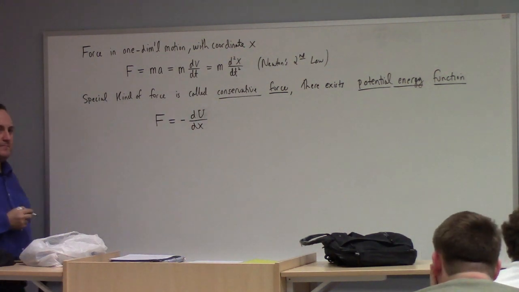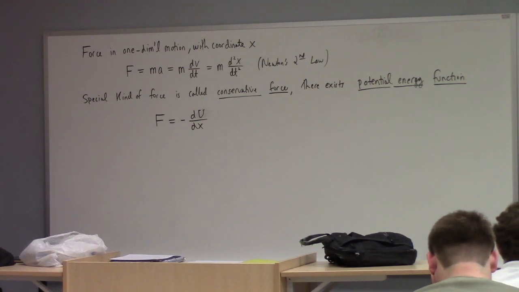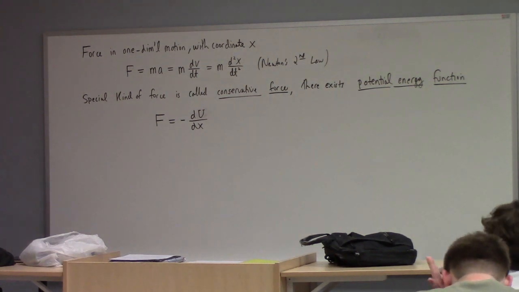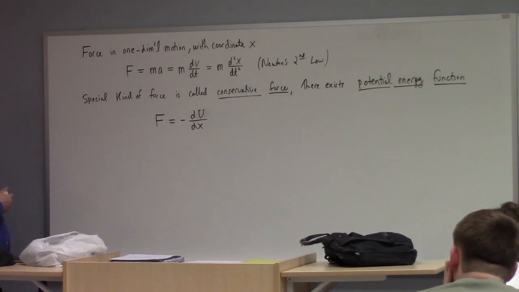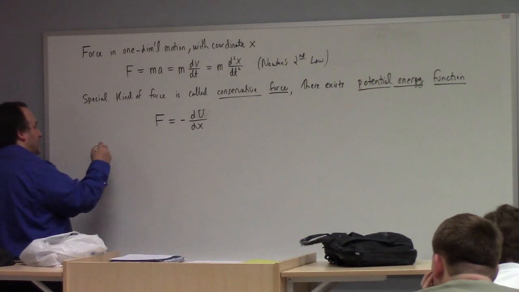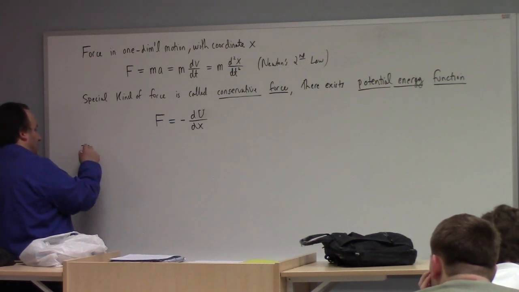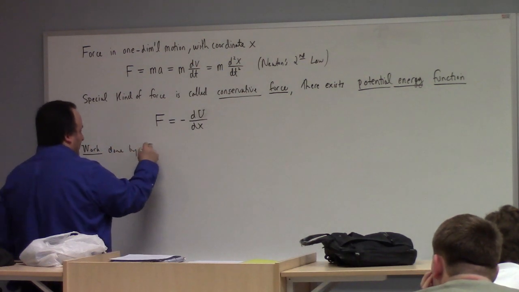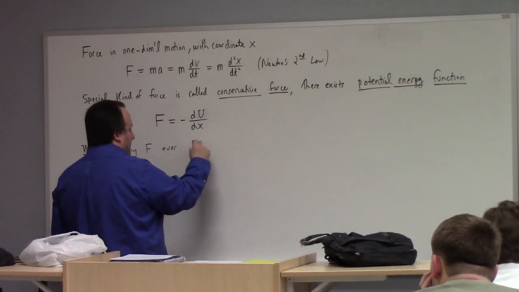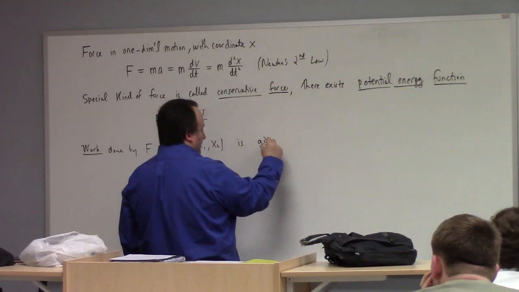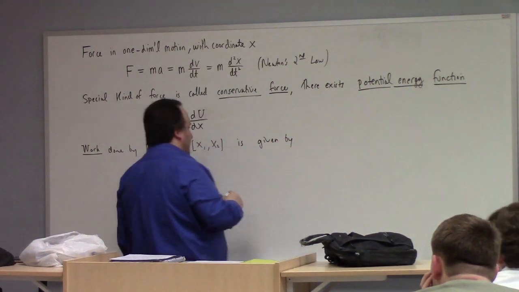All right. Now, if it's possible to write your force as the derivative of a position function here, then it's said to be conservative. Now, part of the interest of that is you can also talk about work. Work done by F over, let's say, the interval from x1 to x2 is given by, well, let's think about this.